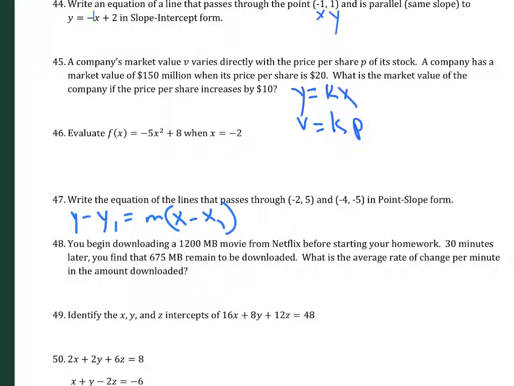And to find the slope, you're going to go y2 minus y1 over x2 minus x1. So like this is x1, y1, here's x2, y2. Alright, find your slope first, and then plug it in here, and then pick either point and plug them in here and here. And that's all you got to do. Stop after that.